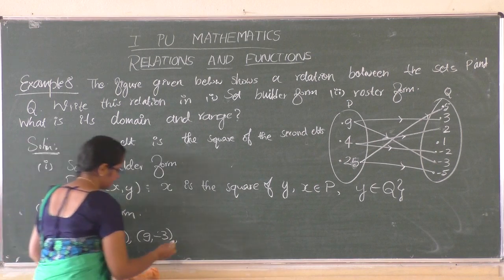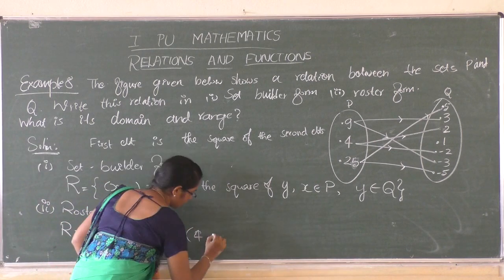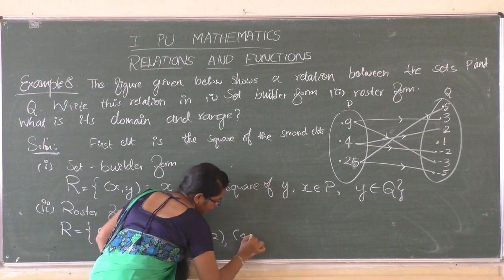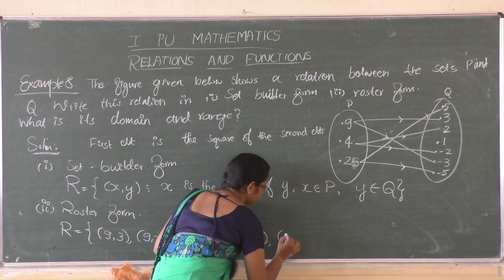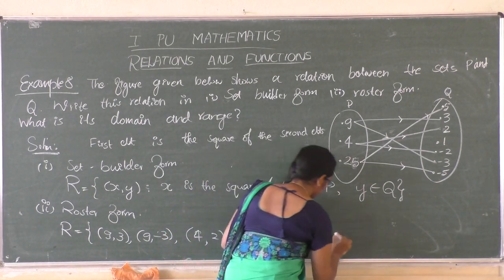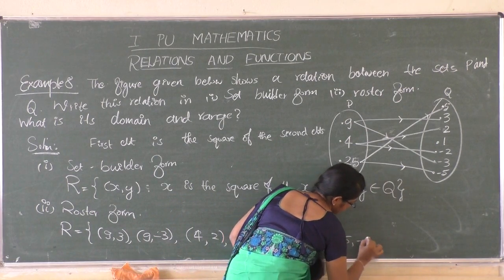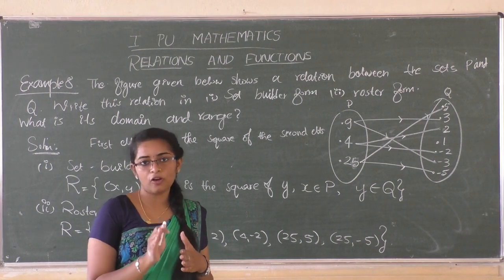Yes, you are right. Then (4, 2), (4, minus 2), and the last one is (25, 5). One more is there. (25, minus 5). This is in the roster form. I hope you are following this much.